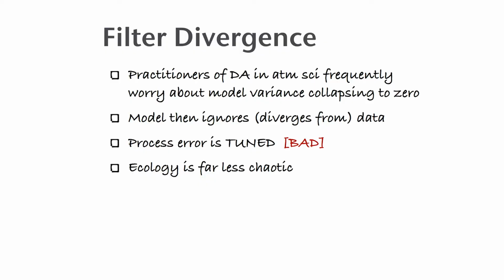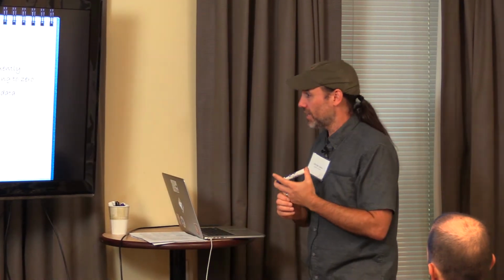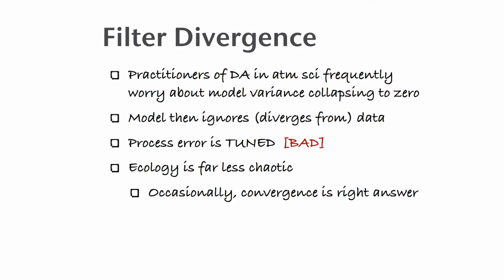It's also worth noting that ecology is far less chaotic than the atmosphere. So if this happens in atmospheric science, where they have a chaotic system, this is even more prone to happen in ecological systems where we have stabilizing feedbacks. But that also means that occasionally convergence of your ensemble members to one answer is the right answer.